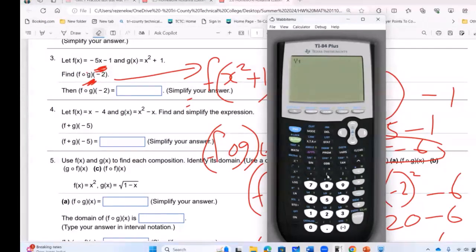Substitute. Okay. I just want to make sure that this is, let me see. Let me do it this way. See how it is. This one is just, and let me do the other one.